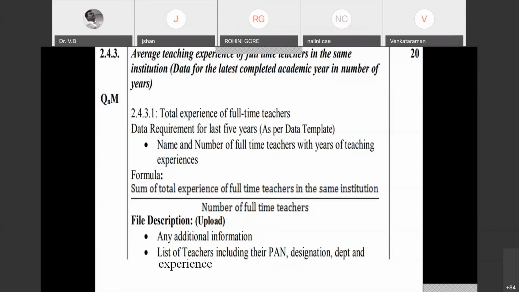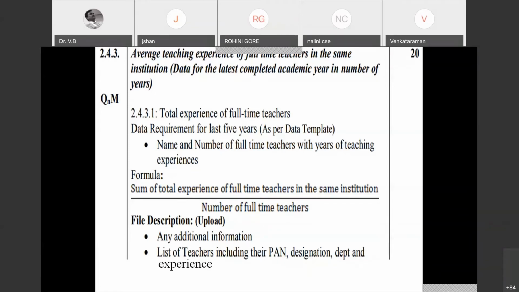Professor Balaji is asking, those who are doing PhD, can they be considered for this academic year? No, sir, they cannot be considered. Once we say PhD, it means only those people who have completed their PhD degrees and got their provisional certificates. At the time of filling up and submitting the SSR, if you have completed, for example, your viva voce but have still not got your degree, you can include that name.